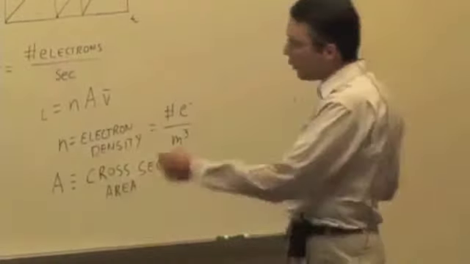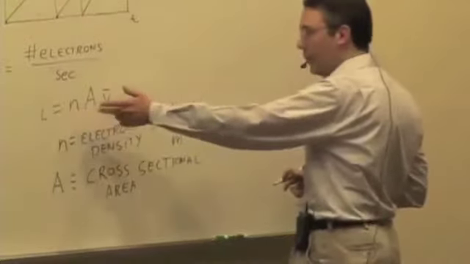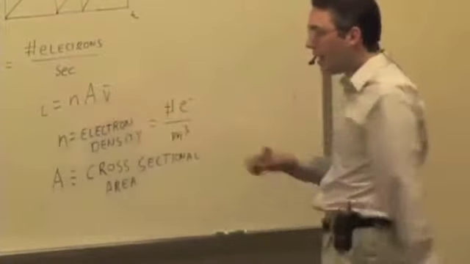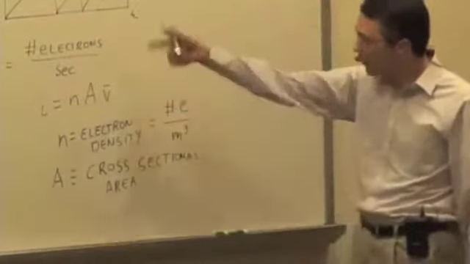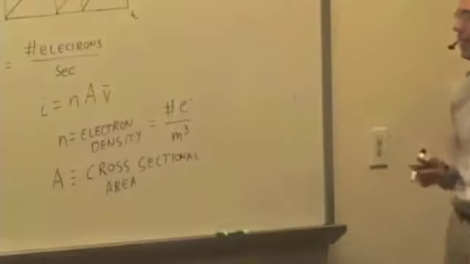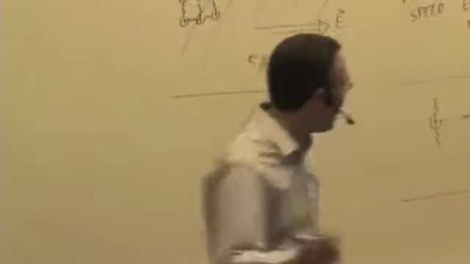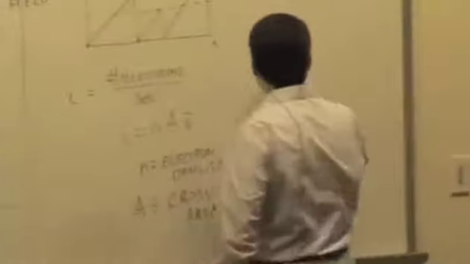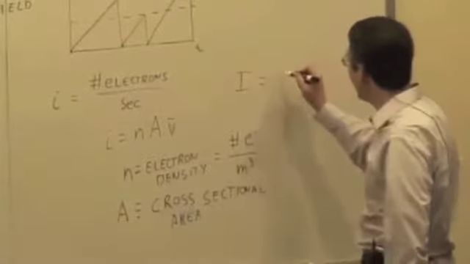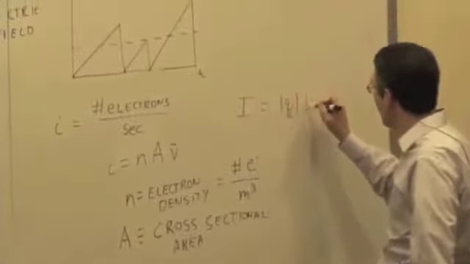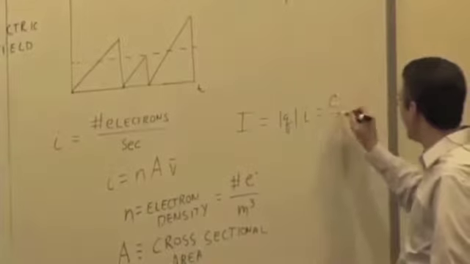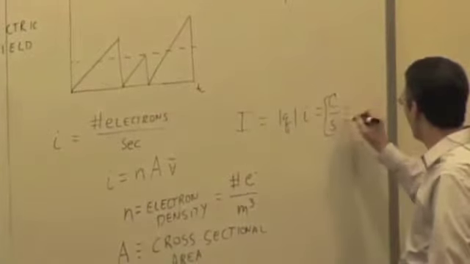You can see how the units work out: electrons per meter cubed times meters squared times meters per second gives you electrons per second. This is something we've seen before, and we're going to be using it quite a bit in this chapter. Conventional current, capital I, is just the charge of the electron times that electron current. So this is coulombs per second, or amps.